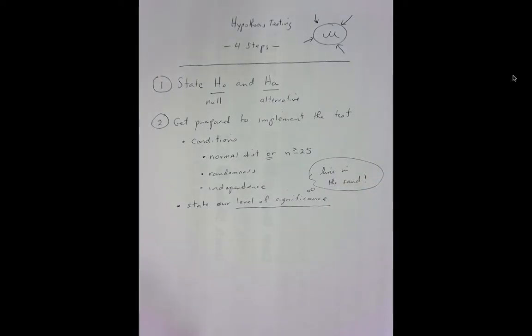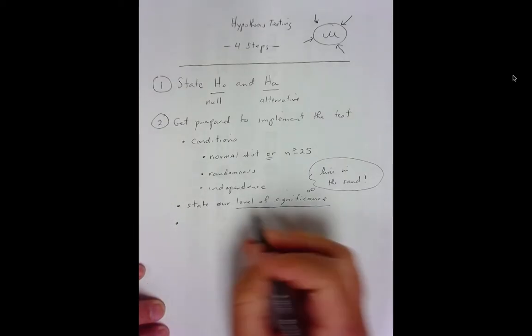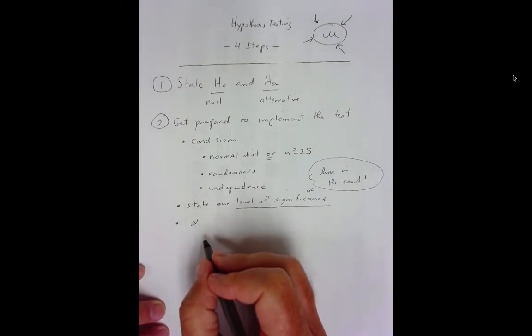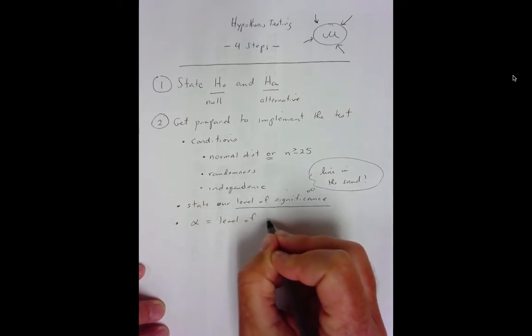This determines the cut, if you will, for a sample being close enough or too far away from the population claim for us to end up making a decision of we don't believe the null or we do believe the null. So this is a level of significance. Our level of significance is always given as alpha. So alpha is the level of significance.